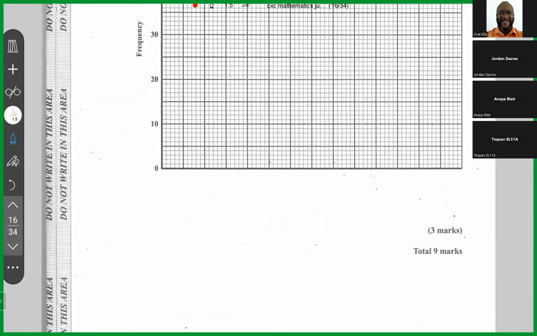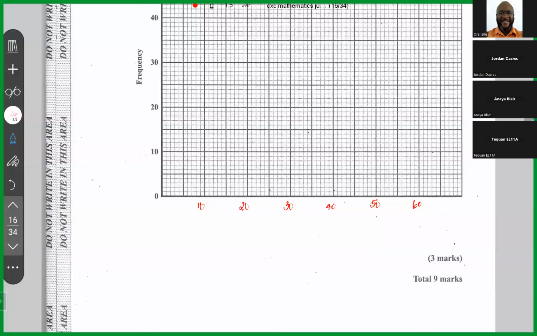So this is 10, 20, 30, 40, 50, 60. Obviously, if I used a different scale, it wouldn't work. My scale is 2 centimeters to 10 units. And down here, I have the upper class boundary, which is volume of petrol.